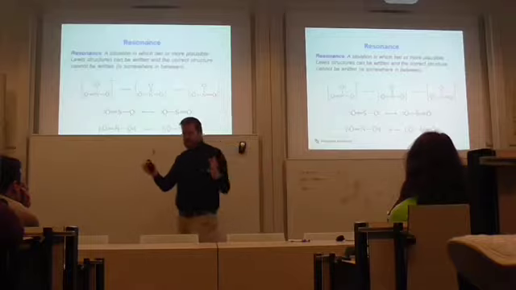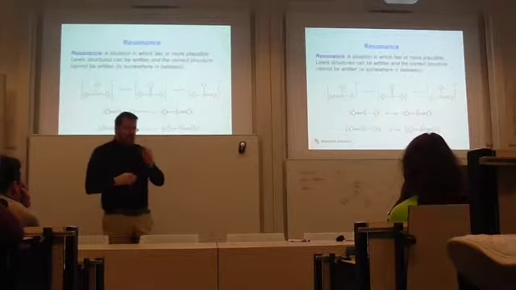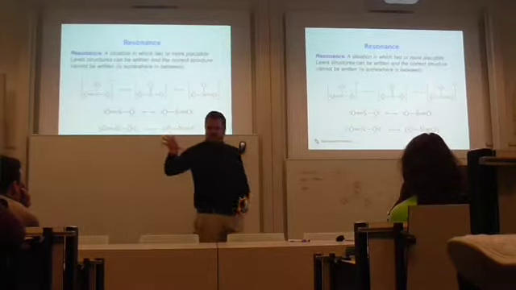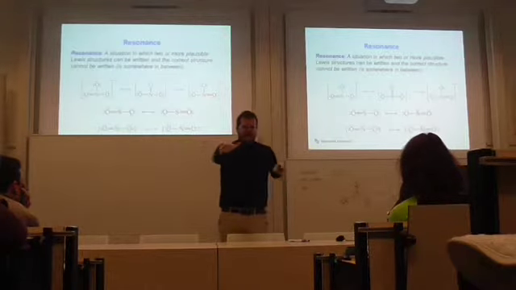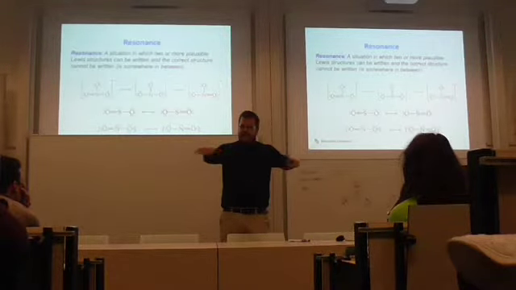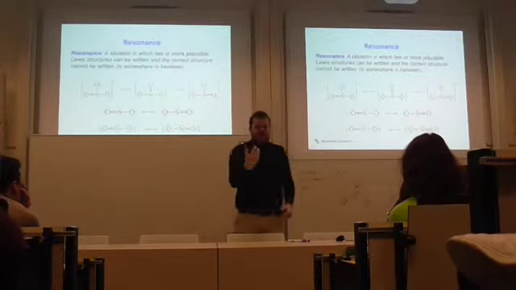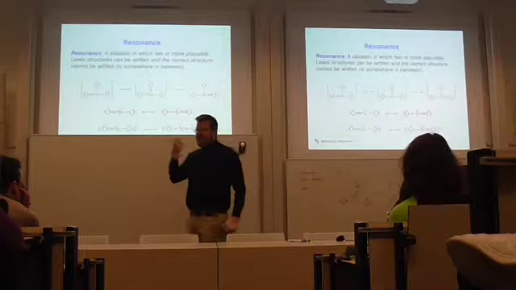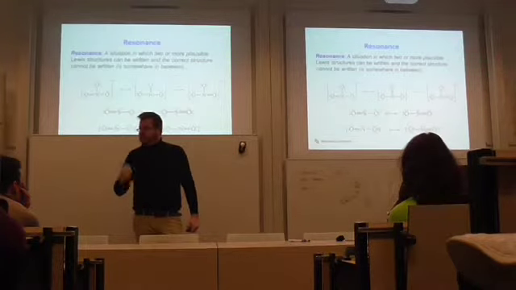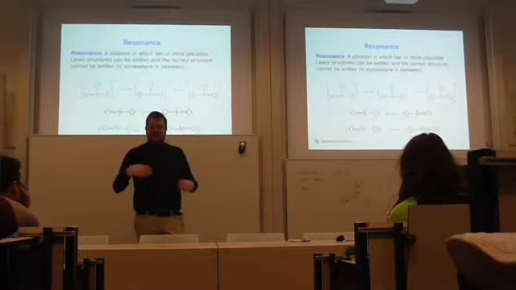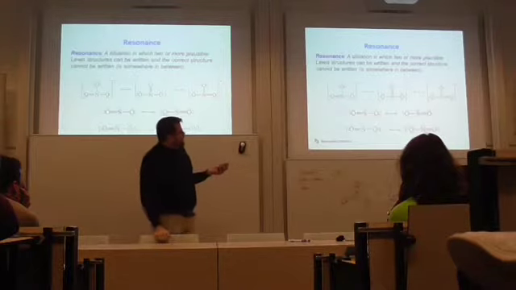And that's what resonance is. Resonance is when you take all the possible correct Lewis structures of a molecule and fuse them together, and the combination of all of those Lewis structures is a reflection of that entity, that molecule, that species, that ion.